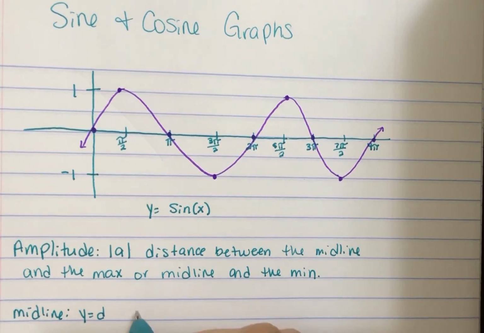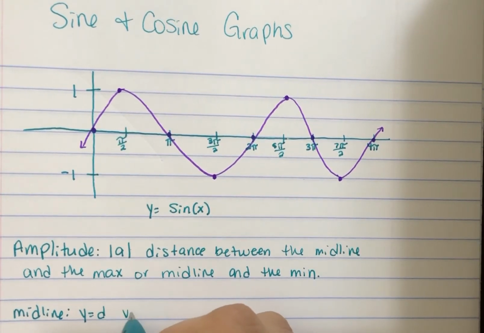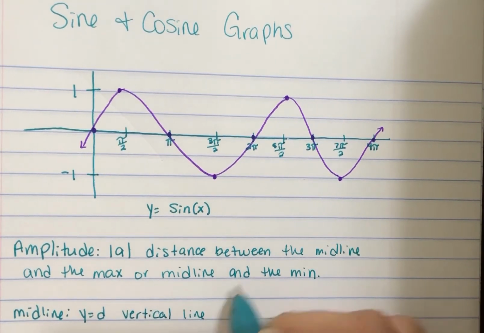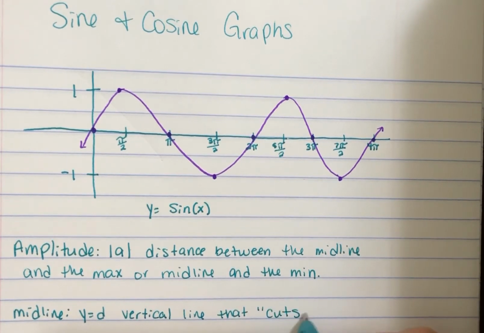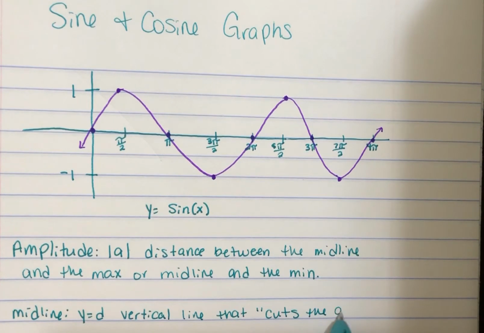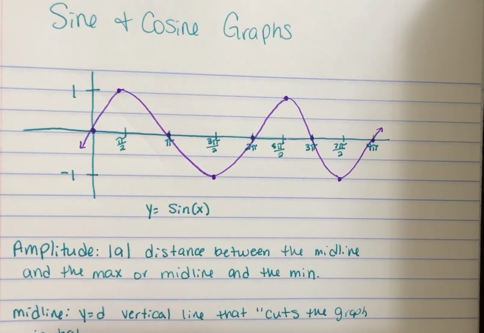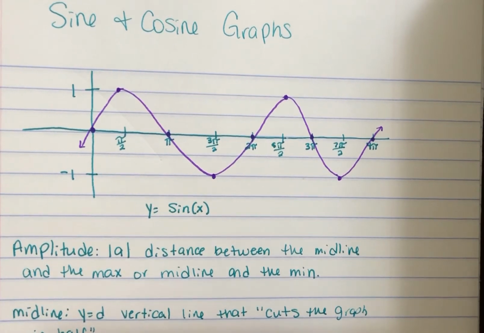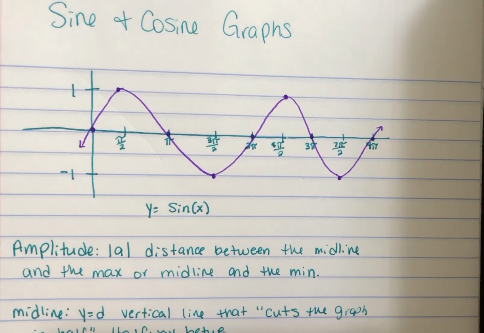But the midline is the line that kind of cuts the graph in half. So it is always halfway between the min and the max.